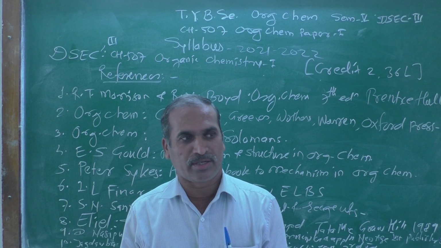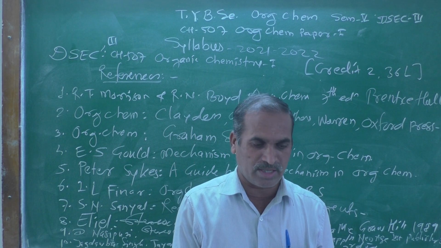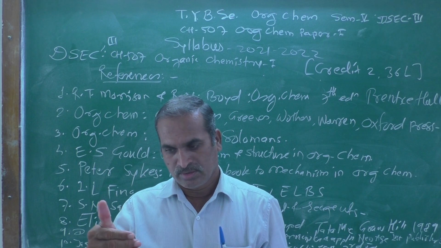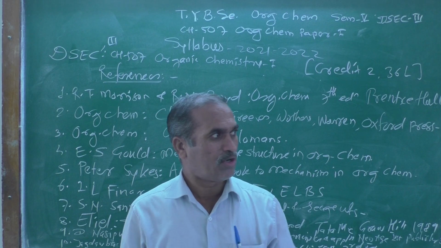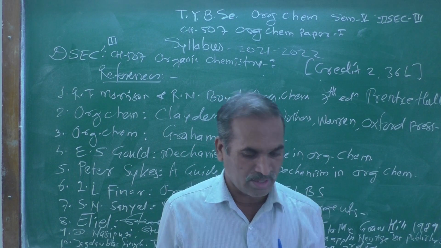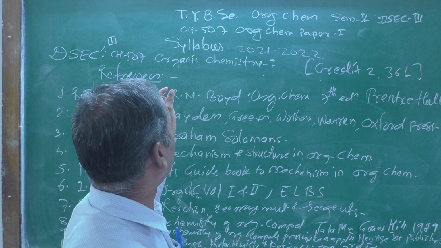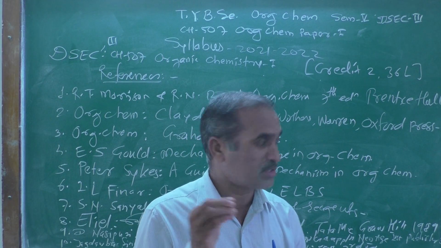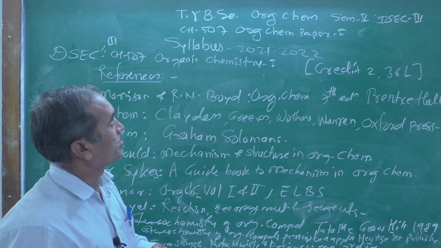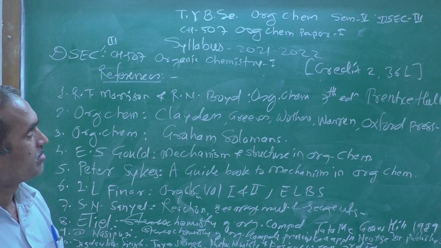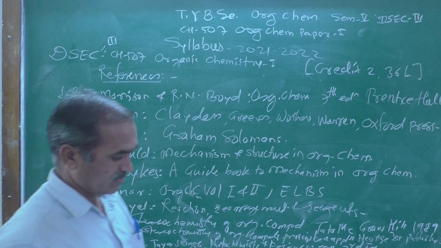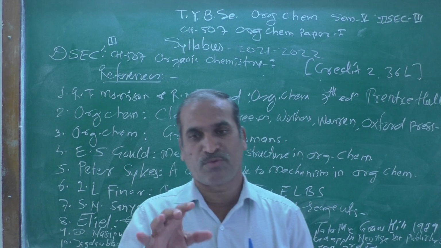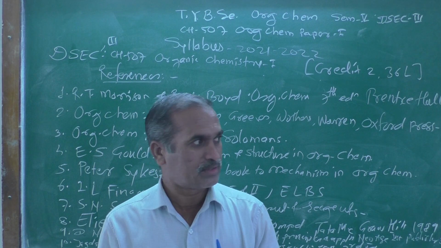Do you remember what we were discussing yesterday? Yesterday I think we were discussing the syllabus of organic chemistry, that is CH-507 Organic Chemistry paper first. We had discussed there are four chapters.